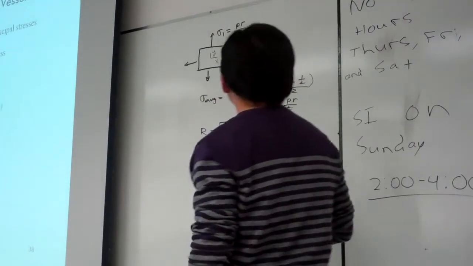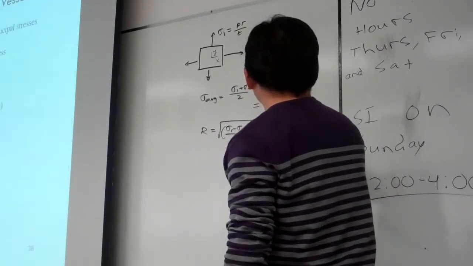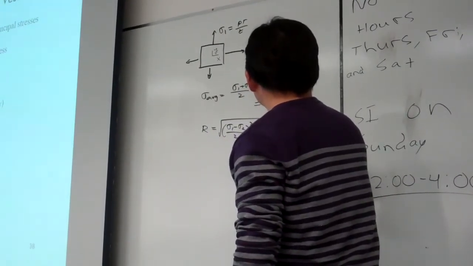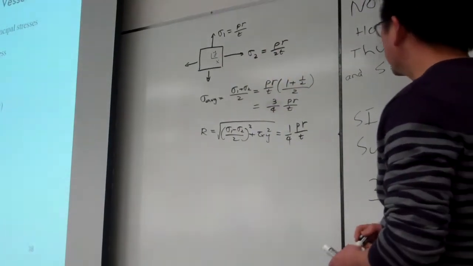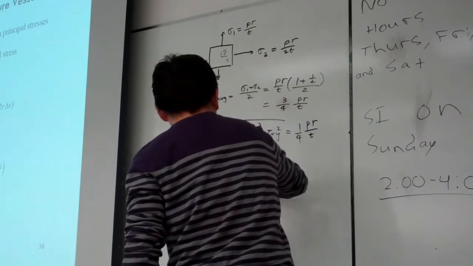So the radius is PR over T times 1/4. With this, we can draw the circle.